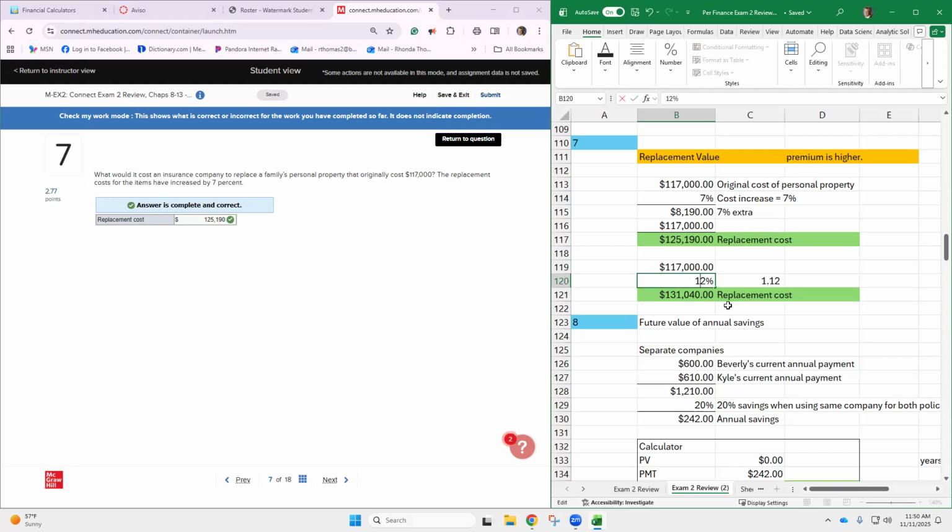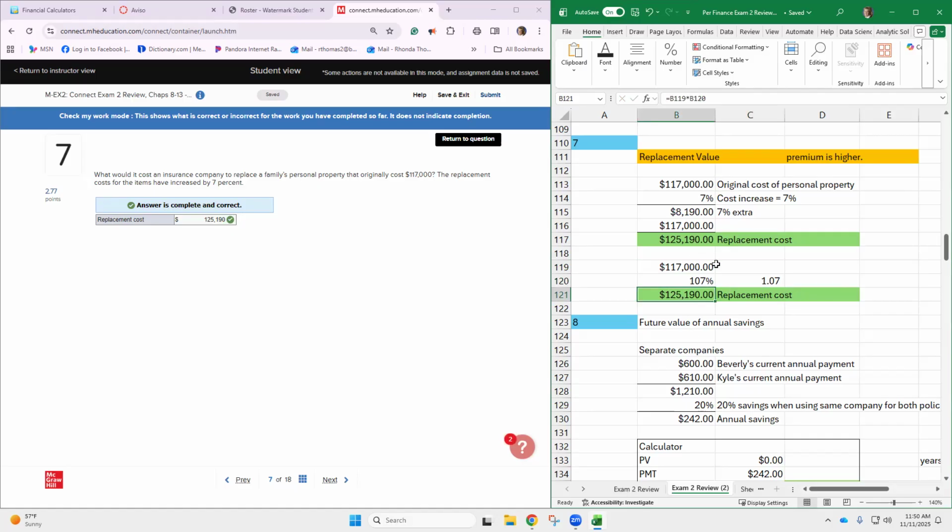And the fast way to do this is to take your change, which is 7%, and make sure it's 107%. So put 100 with it. So times 107%, which is 1.07. And there you have it.